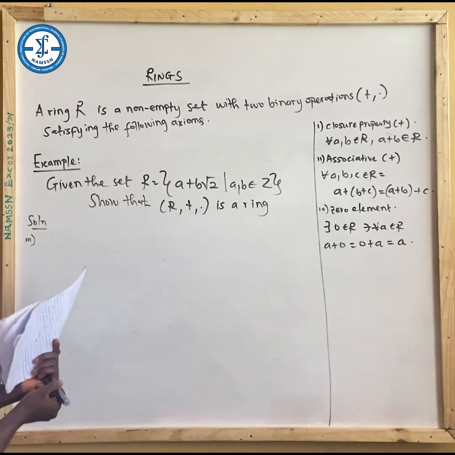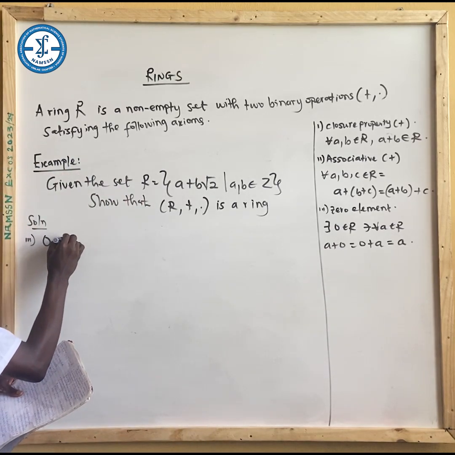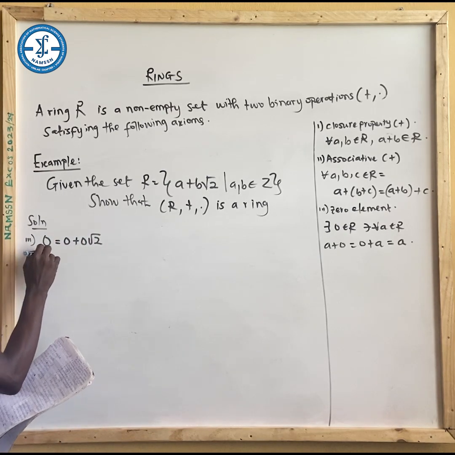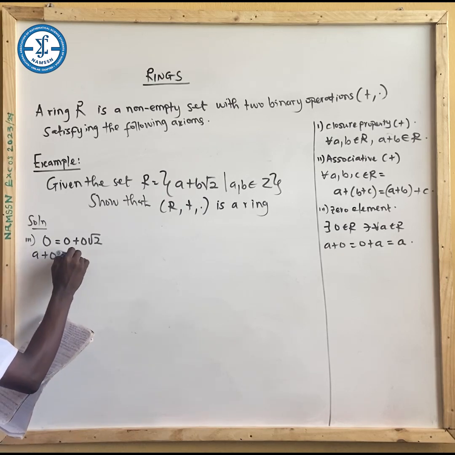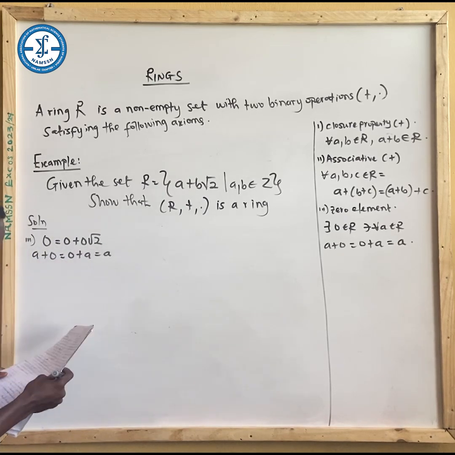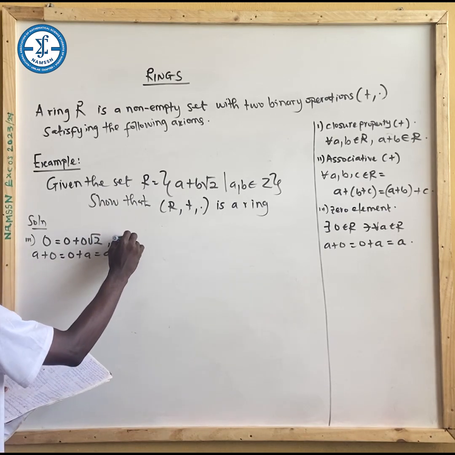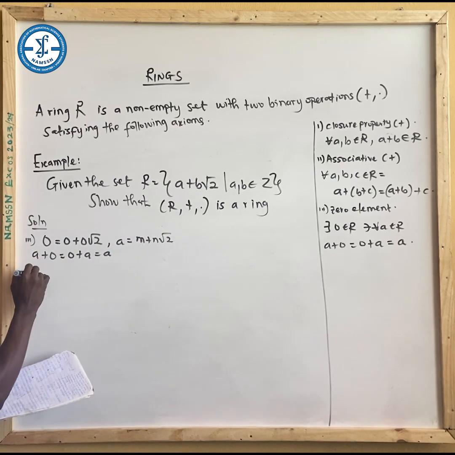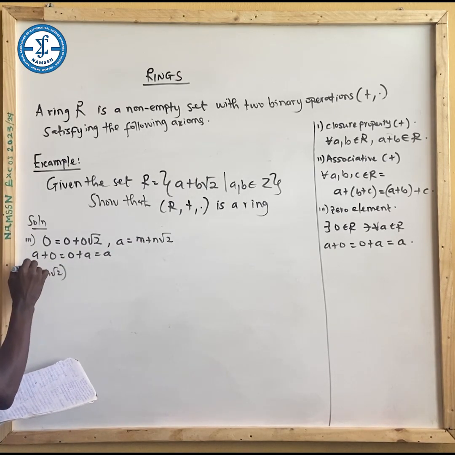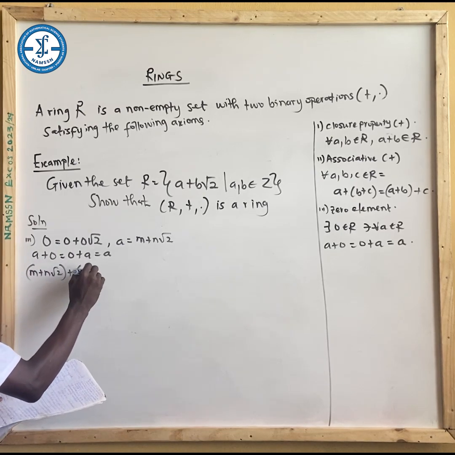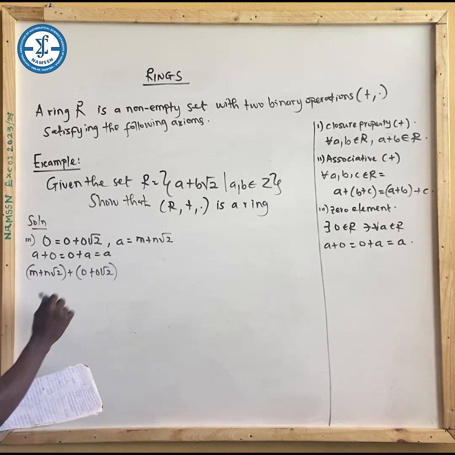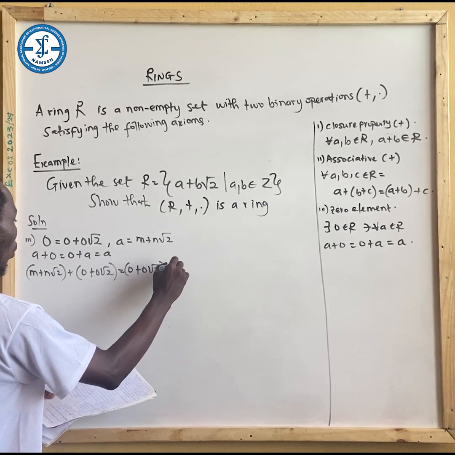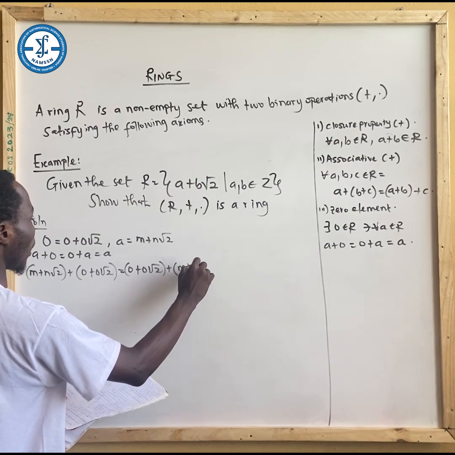So I can say 0 is equal to 0 plus 0 root 2. Then if I have a plus 0 equals 0 plus a equals a, I'll say let a equal m plus n root 2. So this will be m plus n root 2 plus 0, which is 0 plus 0 root 2, which is the same thing as saying 0 plus 0 root 2 plus a, which is m plus n root 2.